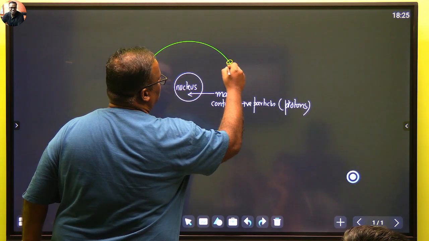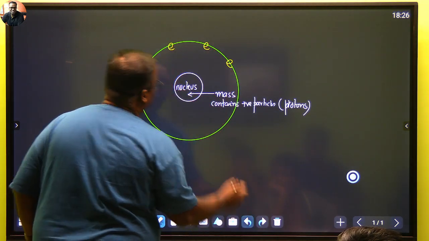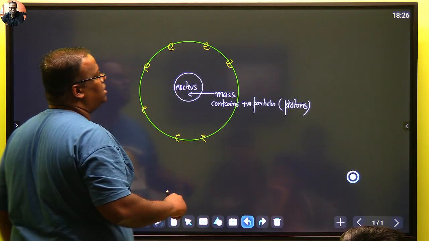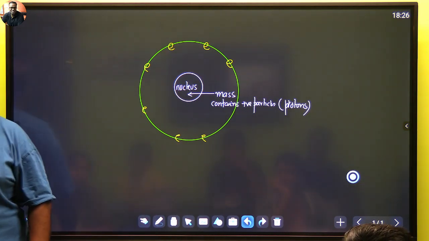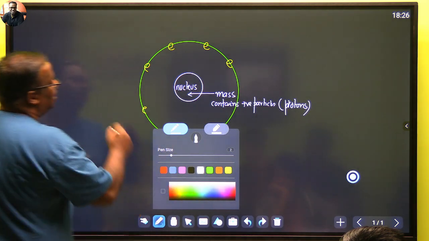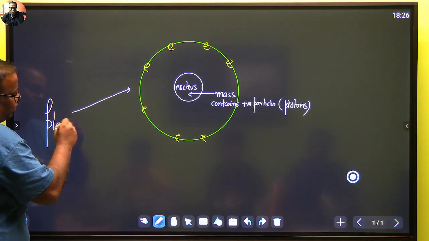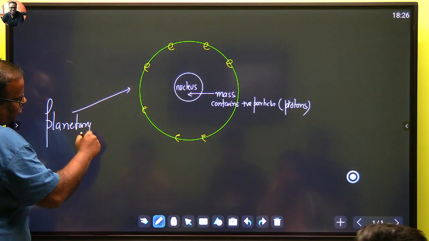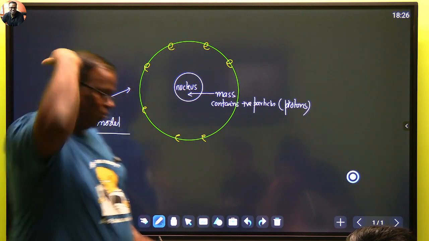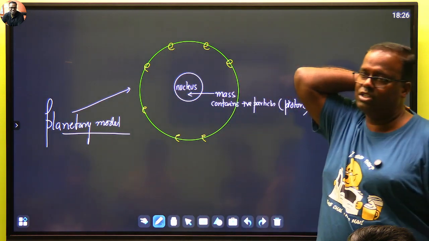The electrons keep revolving around the nucleus, as if planets revolve around the sun. Therefore, Rutherford's model was known as the planetary model of the atom. और इसके लिए Rutherford is the only New Zealander for a long time to have a Nobel Prize. He got a Nobel Prize for discovery of nucleus.